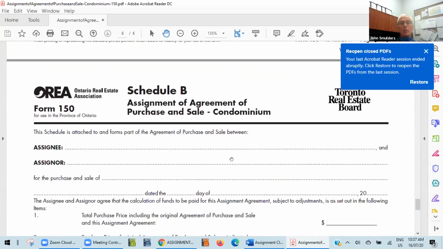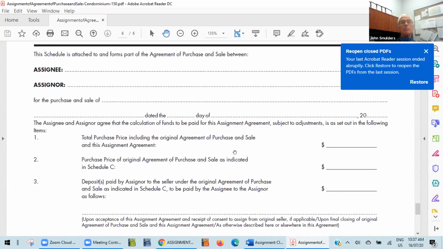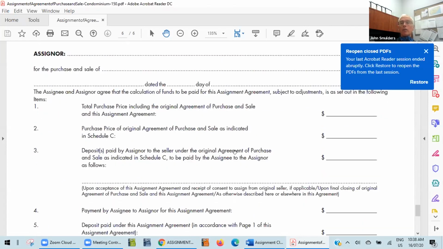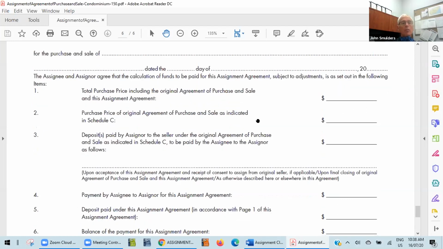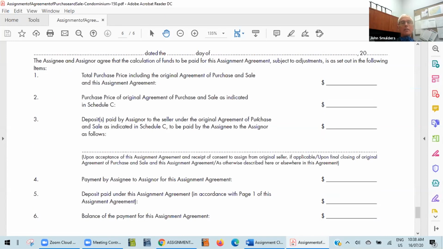And then you get to Schedule B. Schedule B is where most agents have a really, really difficult time completing it, okay? So move this out of the way for a second here, so we can see Schedule B. Schedule B has 6 lines on it, all right?